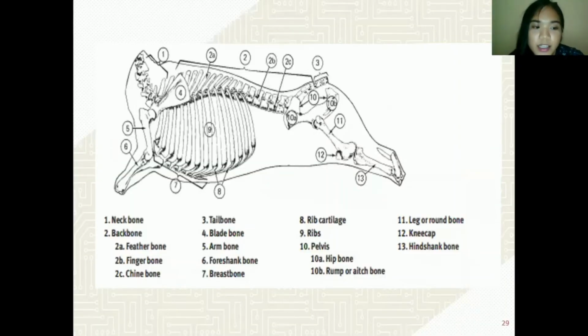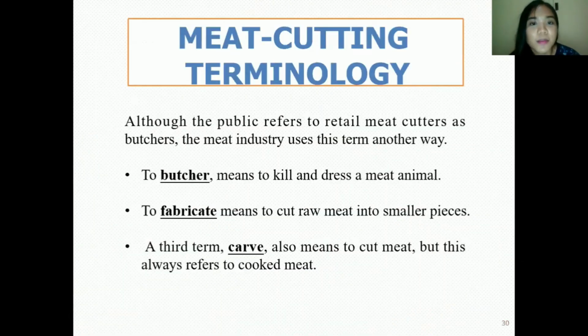Next, you can see here the full bone structure of a beef, which consists of the neck bone in the top part, the backbone, the tailbone, the blade bone, arm bone, and so on.